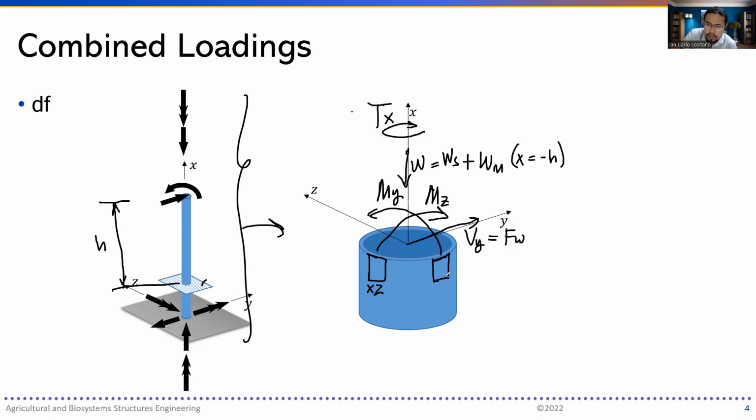And we are going to talk about a very infinitesimally small portion of this structure again. On this side is the XY plane. If you look at this side, the structure is going to experience a different set of forces with respect to this side, the XY plane and the XZ plane.